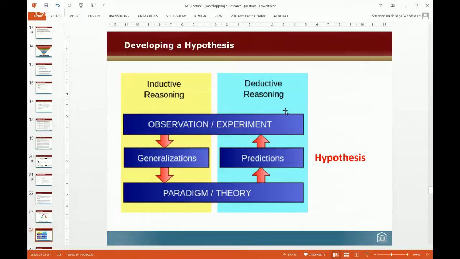So if you are using deductive reasoning in your research setting, where you're looking at the world around you, you're looking at the theories that already exist, and from those, you're coming up with a research question and you're predicting what the answer might be, this is a hypothesis. And then from this hypothesis, you design your experiment. So this is deductive reasoning. And for the most part, all quantitative research is done in this fashion.